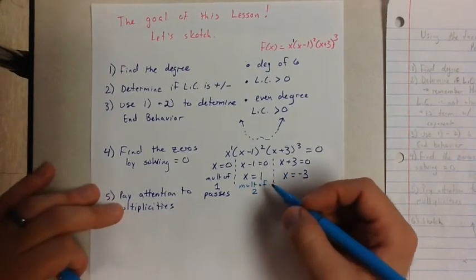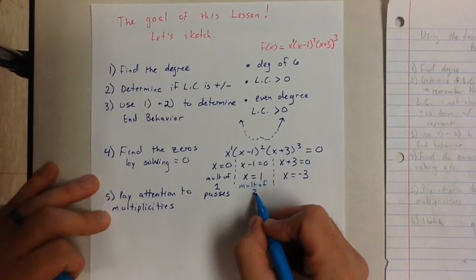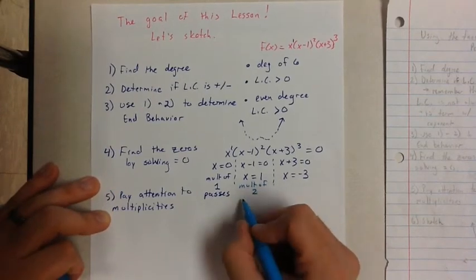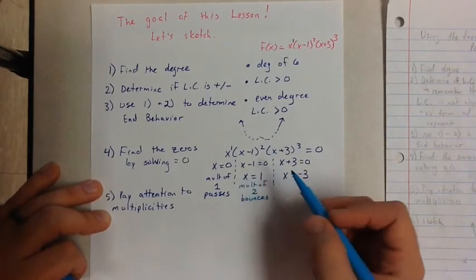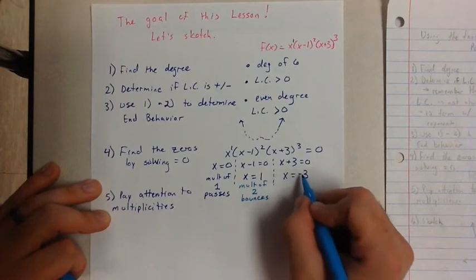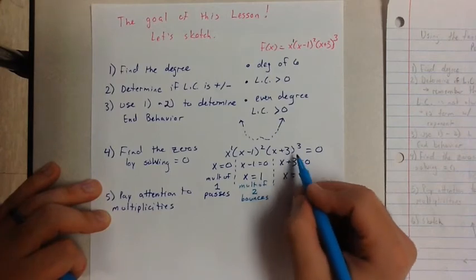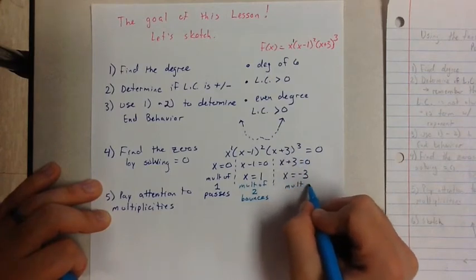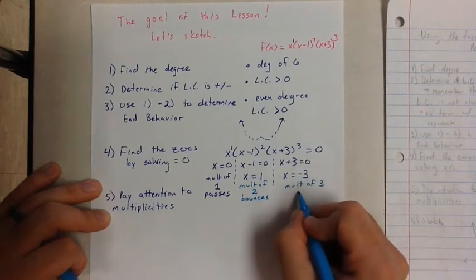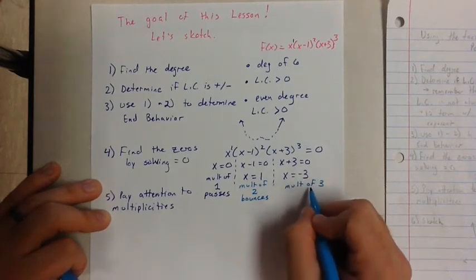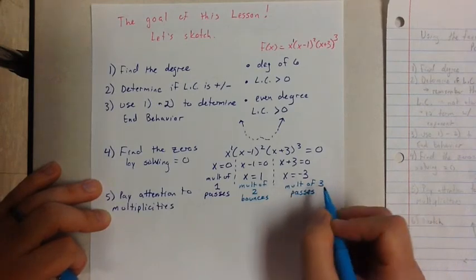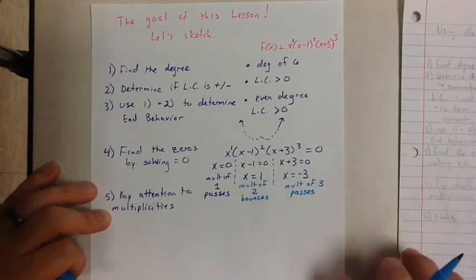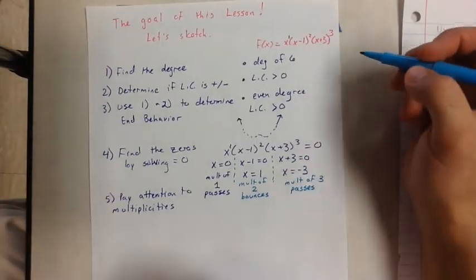If you look back in your notes, you should know that with an even multiplicity, our function bounces off at that number. And then our 0 of negative 3 has a multiplicity of 3, so it's an odd multiplicity, which says that we are passing through at that point.